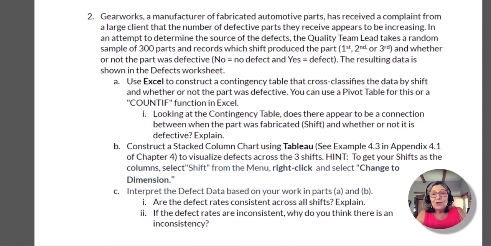I also gave you a hint to make sure that you change your shifts to dimensions in order to get your 3 columns. And then the last part, I want you to interpret the defect data, and that's based on both your contingency table and your column chart.